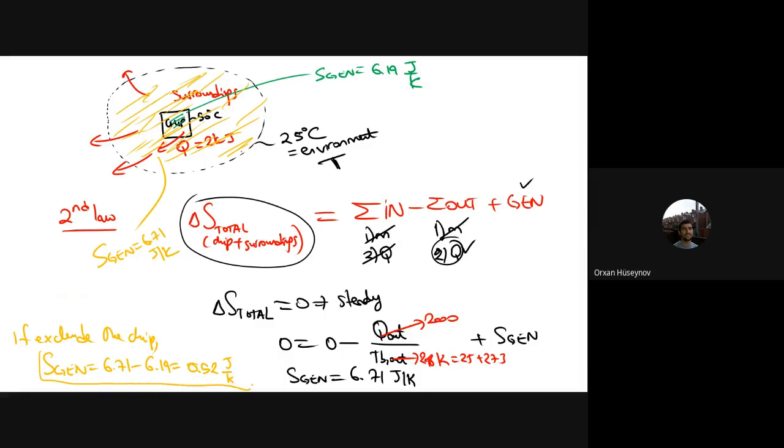This is without the chip. If you include the chip and the environment, it will be 6.71. For the chip alone, it will be 6.19, and between the chip and the environment, it will be 0.52 joules per Kelvin. If you have questions till this part, you can ask.